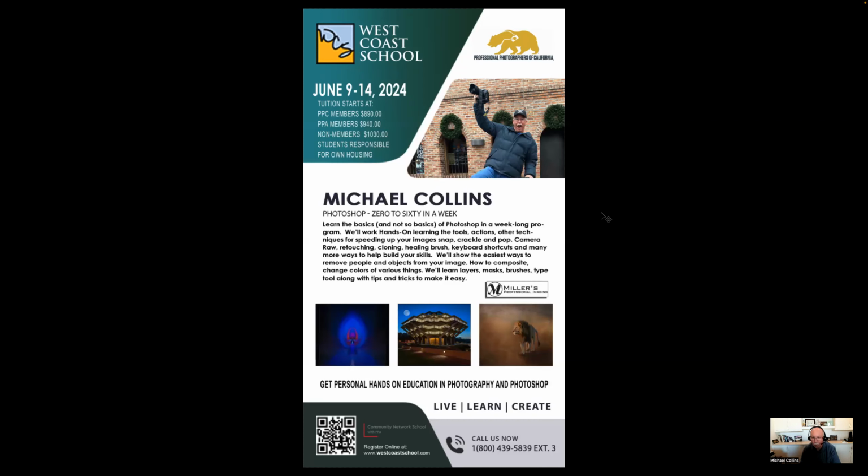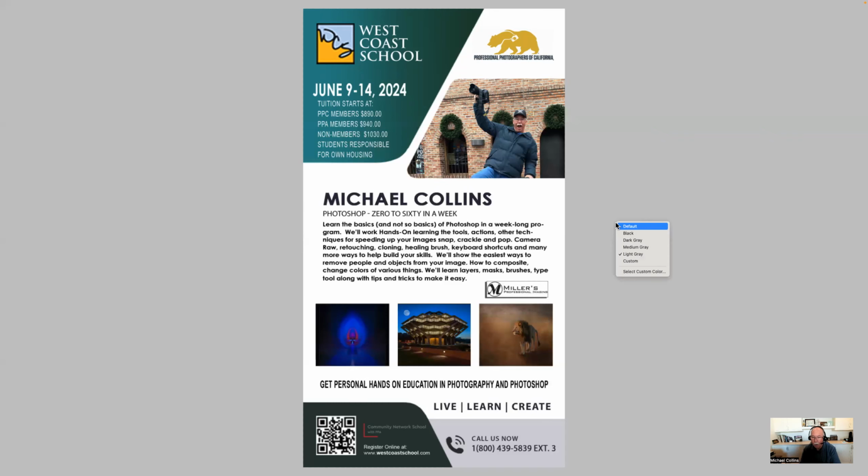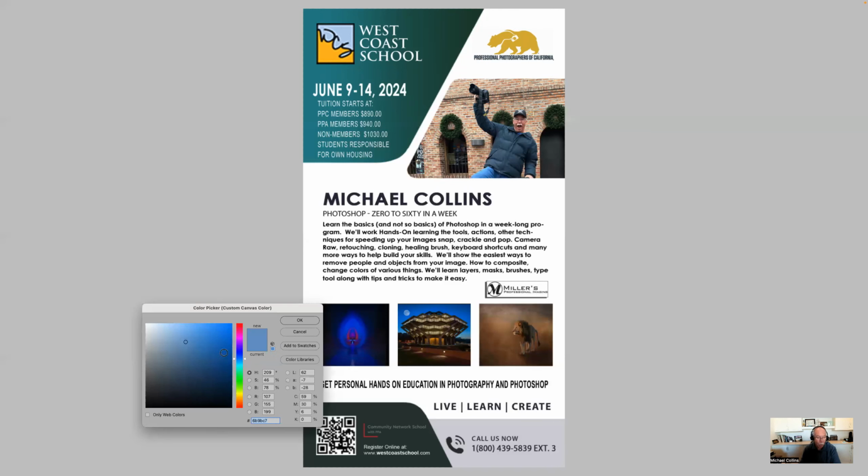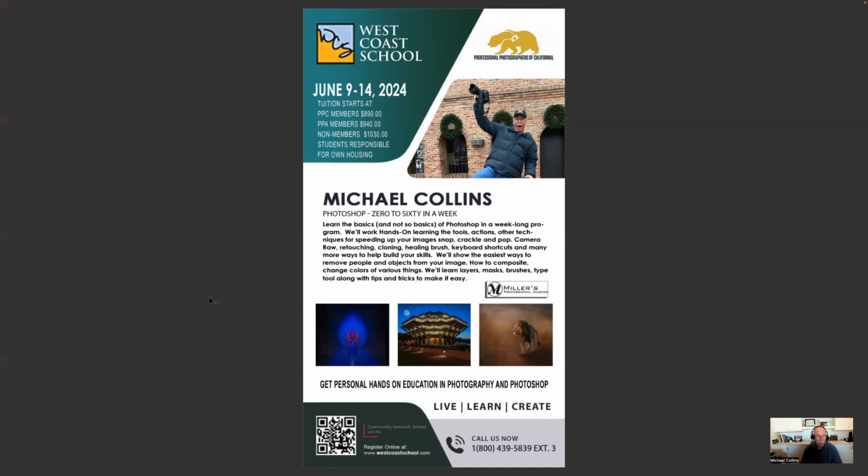If you don't like the color, you can right click, go to dark gray. You can right click, go to light gray, or select custom color. Hey, we could do bright red. There you go. Oh, wow, I got to get rid of that. You could change to any color you want.